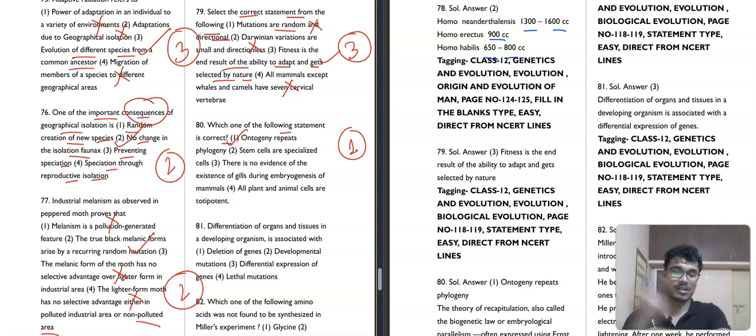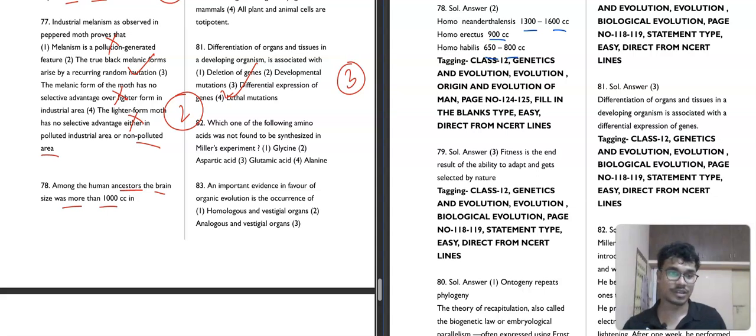This cell can't generate the full body. So differentiation of organs and tissues in a developing organism is associated with deletion of genes, developmental mutations, differential expression of genes, or lethal mutations. It is associated with the differential expression of genes. So the third option will be our correct answer.